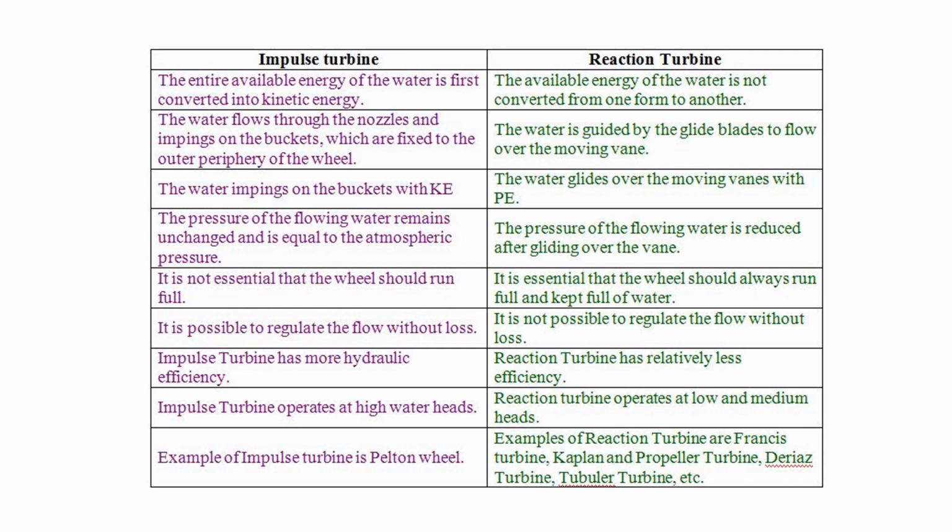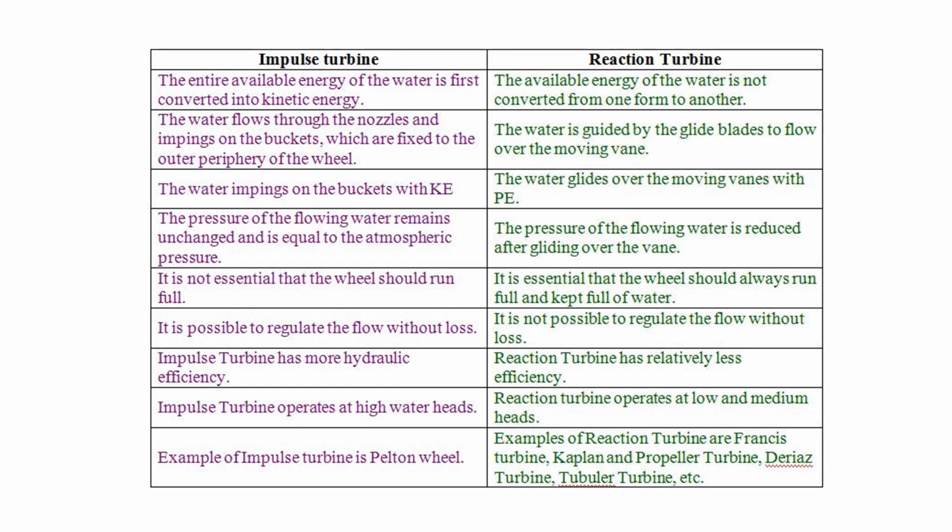In the impulse turbine, the entire available energy of water is converted into kinetic energy, whereas in the reaction turbine it is not so. In the impulse turbine, the water flows through the nozzle and impinges on the buckets, which are fixed to the periphery of the wheel, whereas in the reaction turbine, water glides over the blades. In the impulse turbine, the pressure of the flowing water remains unchanged and is equal to atmospheric pressure. In the reaction turbine, the pressure of the flowing water is reduced after gliding over the vanes.